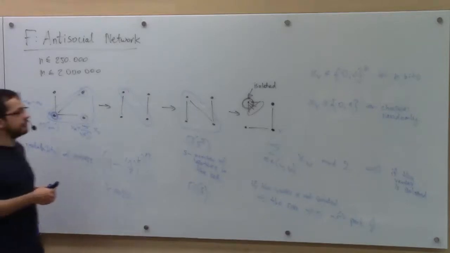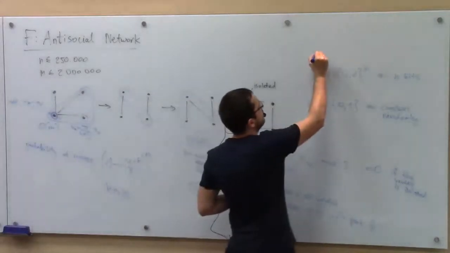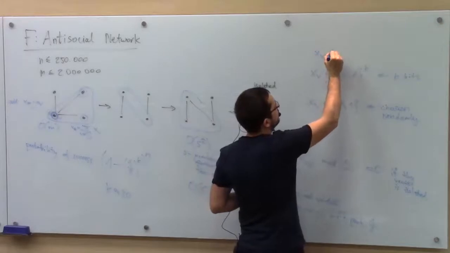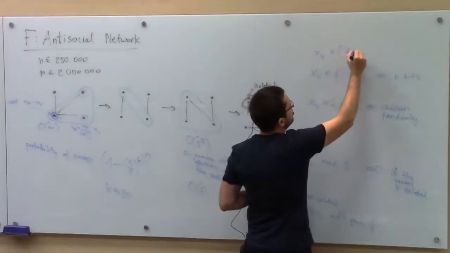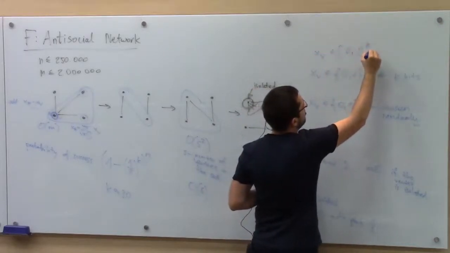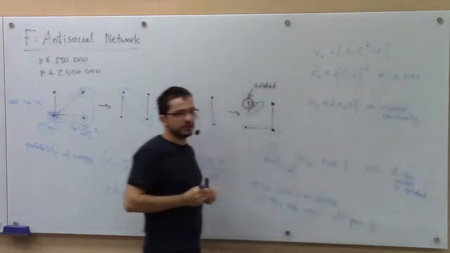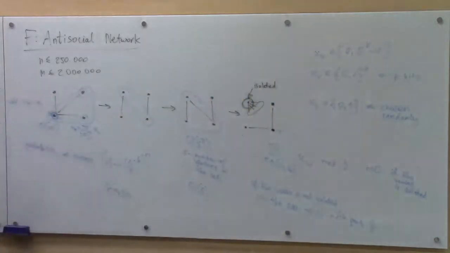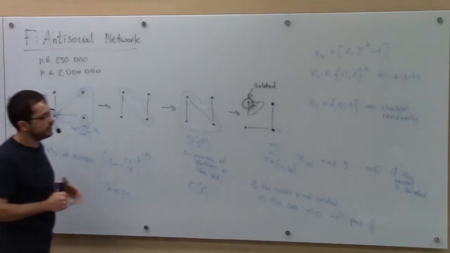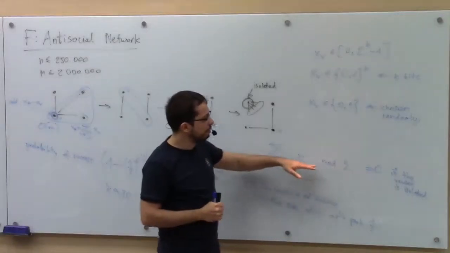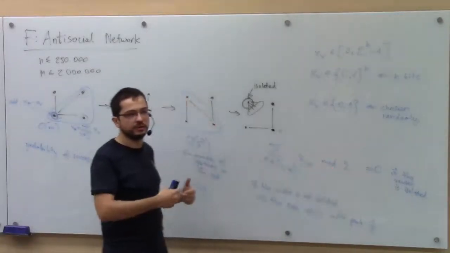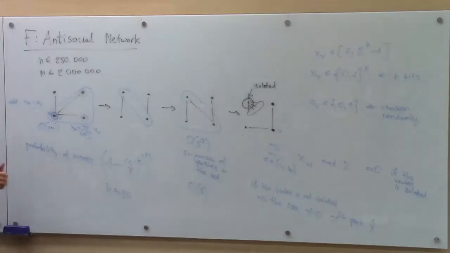So actually, for every x_v, we will choose randomly a number from 0 to 2 to the power of k minus 1. And we are doing some operations modulo 2 on these bits here. So these operations correspond to some operations on the whole integers.